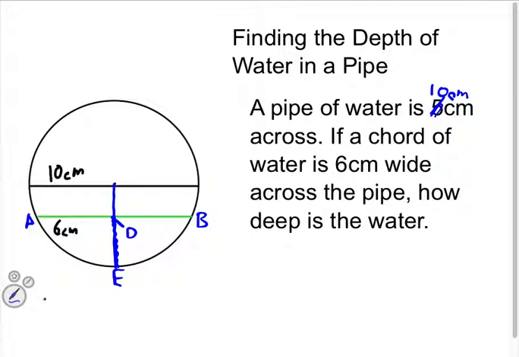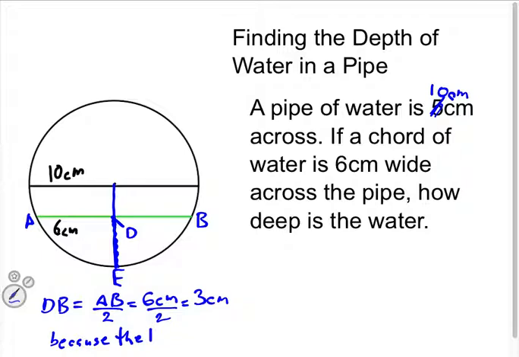So the length of DB, this portion here, is equal to AB divided by 2, which equals 6 centimeters divided by 2, which equals 3 centimeters, because the line is perpendicularly bisected.